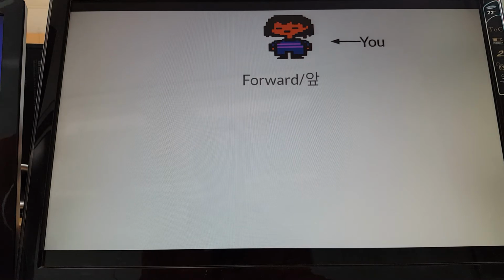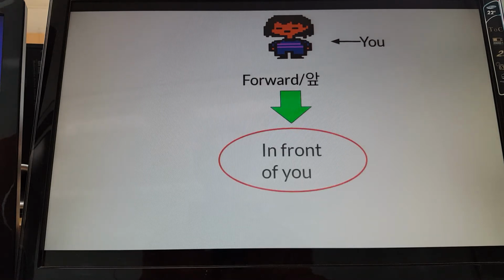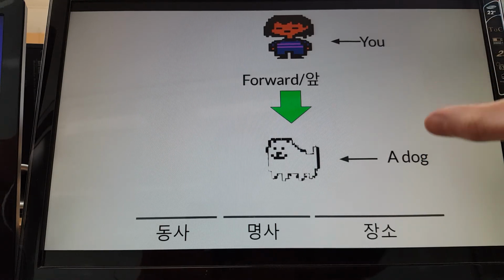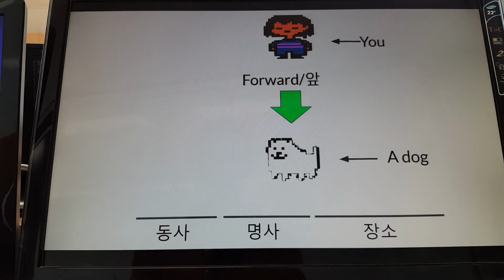Okay, how about this? So direction forward, place in front of you. In front of you. A dog. So how would we say this? What would you say here? Good.